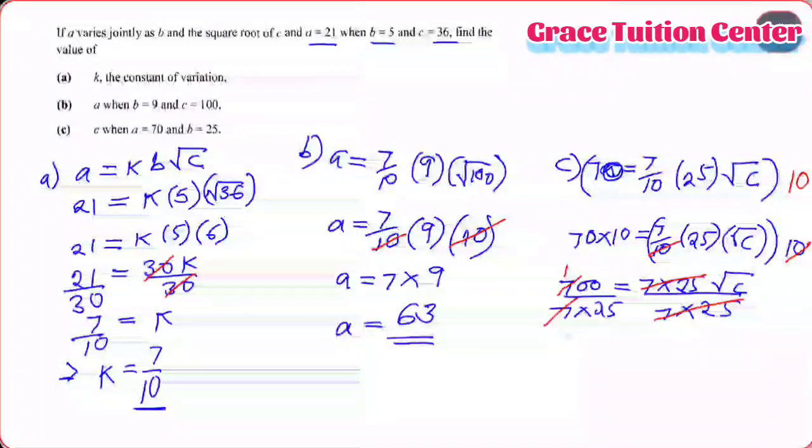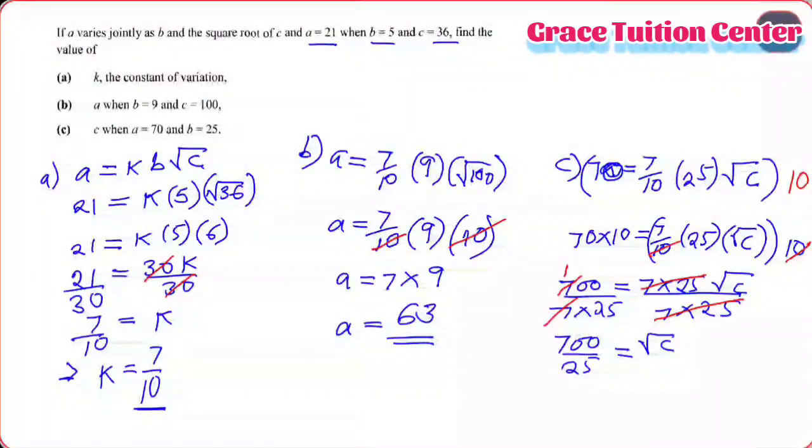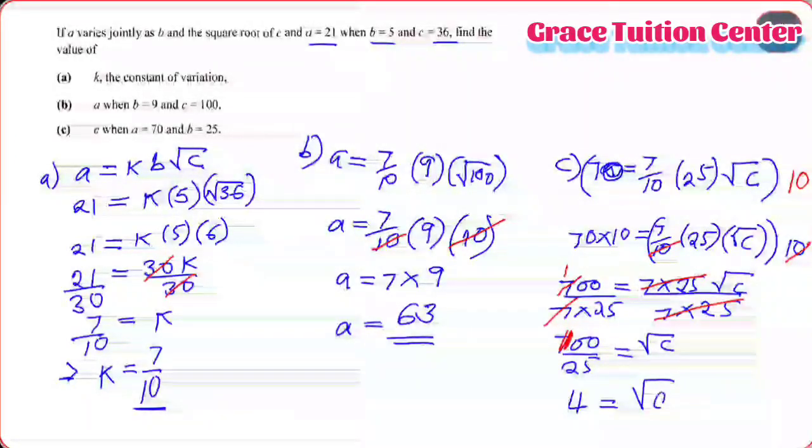My apologies, this is not supposed to be 700 here, we cancelled the 7, so this is supposed to be 100 over 25. So how many times does 25 go into 100? It's 4. This is equal to the square root of c.